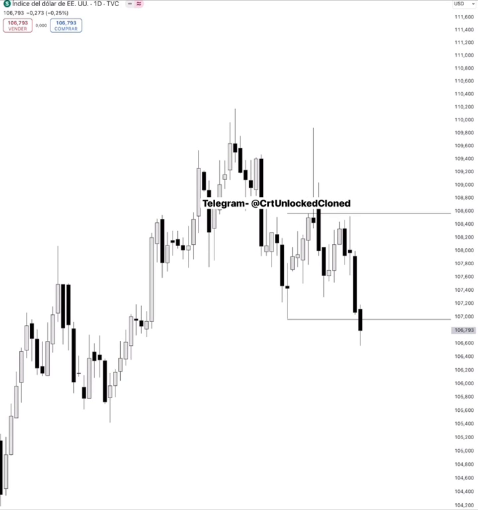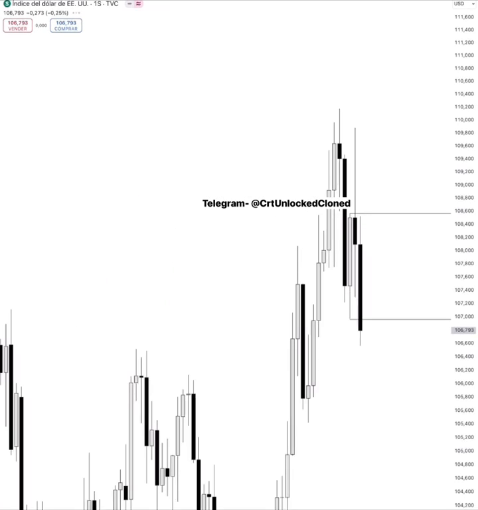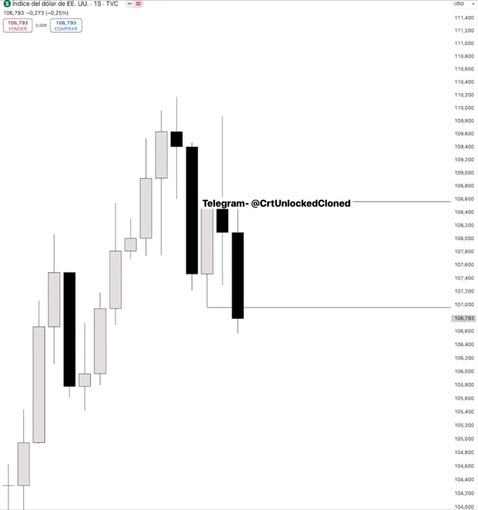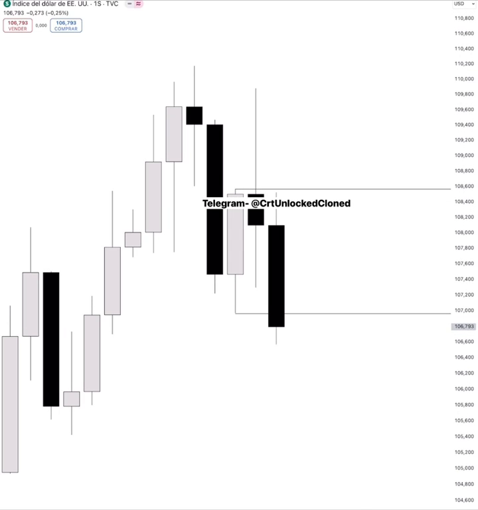In summary, we had the dollar weekly candle. This trade was based on the weekly candle. Accumulation, candle 1.